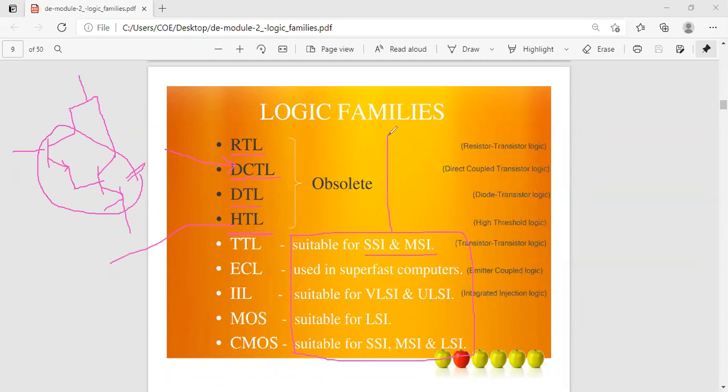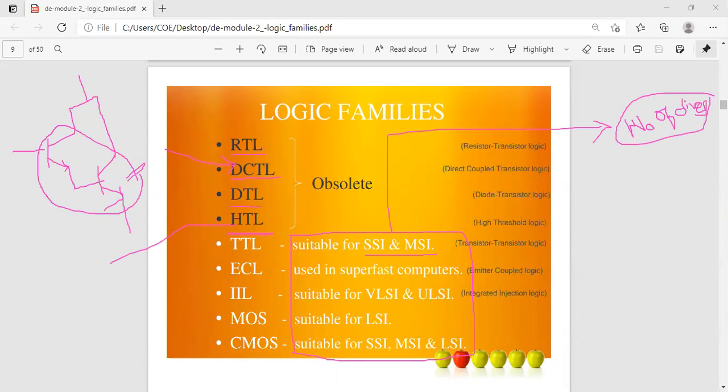So this classification is based upon the number of devices in a chip. ஒரு சிப்ல ஒரு ஐசில எத்தனை டிவைசஸ் வச்சிருக்காங்க அத பேஸ் பண்ணிட்டு நம்ம சொல்றதுங்க சார். So say for example 0 to 100, 100 to 1000, 1000 to 10000 and above 10000 அப்படினு வச்சிருப்பாங்க சார்.